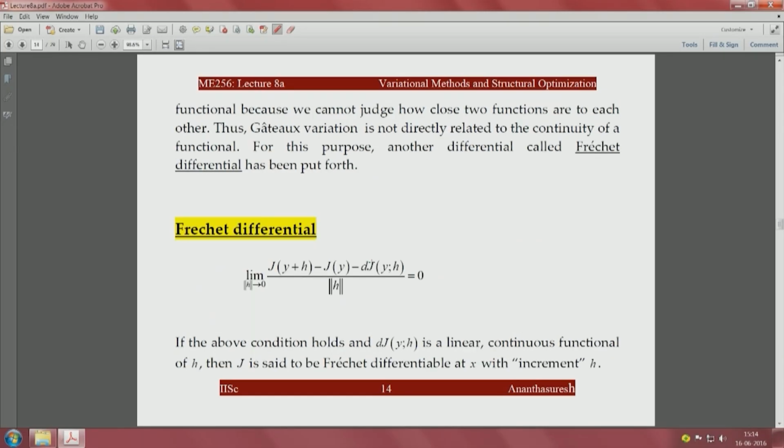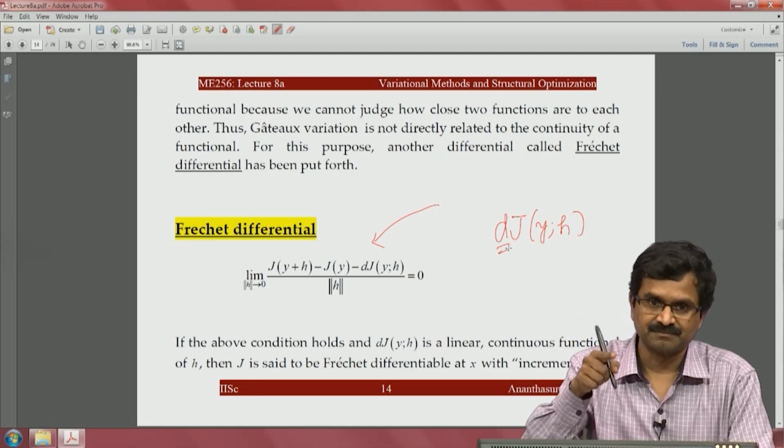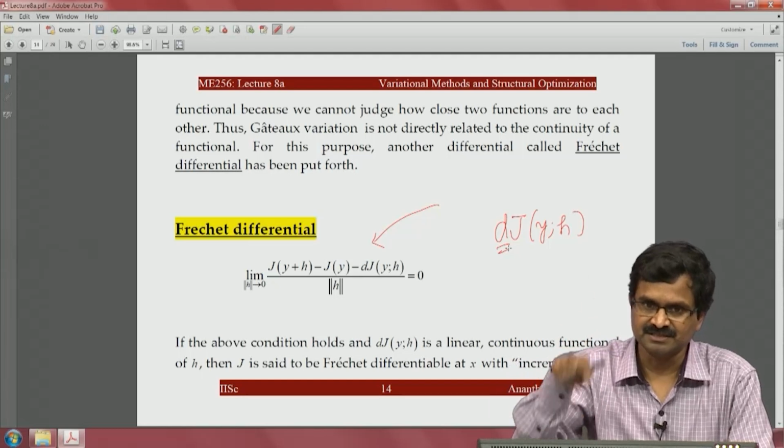And there is another concept called Frechet differential, which is a little bit more advanced than Gateaux variation. If you look at this definition, this dJ(y, h), if we compare it with Gateaux variation, where instead of d we had put delta, here it is just d.